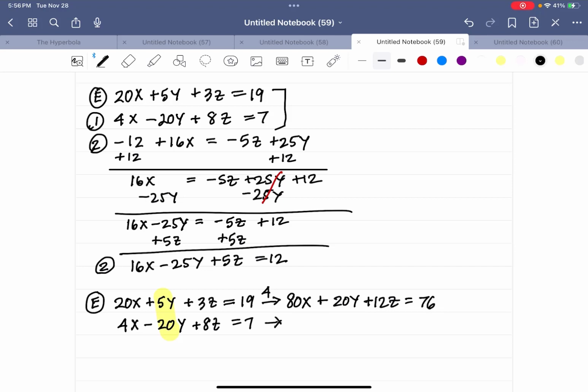And then, since I've already got a minus 20, I just need to copy equation number 1, 4x minus 20y plus 8z equals 7.